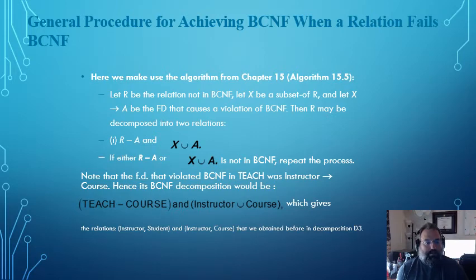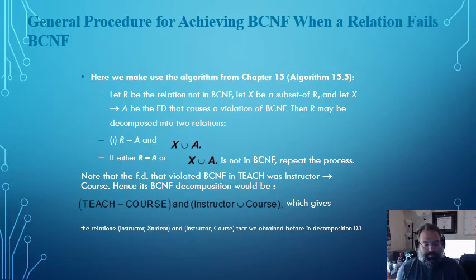Let R be the relation not in BCNF, let X be a subset of R, and let X implies A be the functional dependency that causes a violation of BCNF. Then R may be decomposed into two relations, R minus A and X union A. If neither R minus A nor X union A is in BCNF, repeat the process.